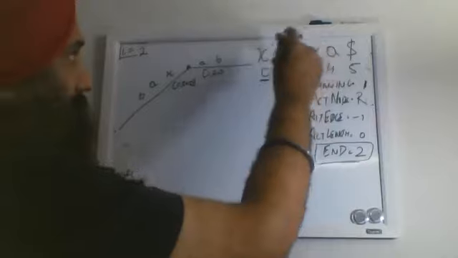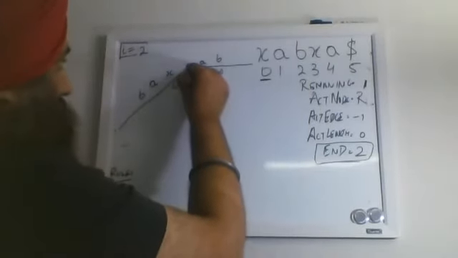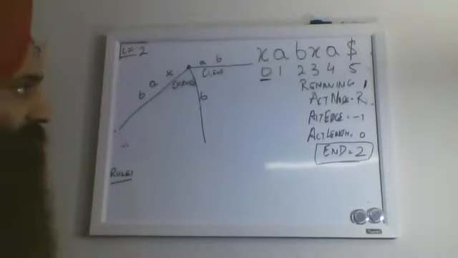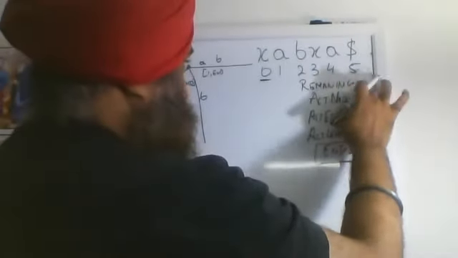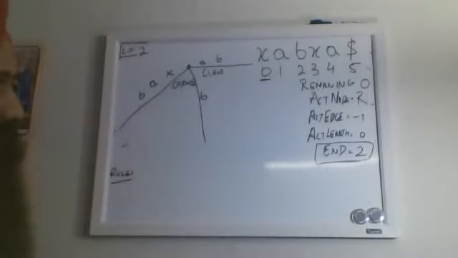Now we are at B. Again at root we check B is there, B is not present, we add a link and create B here. Since we have created a new edge, our remaining becomes 0 and we move to the next phase.